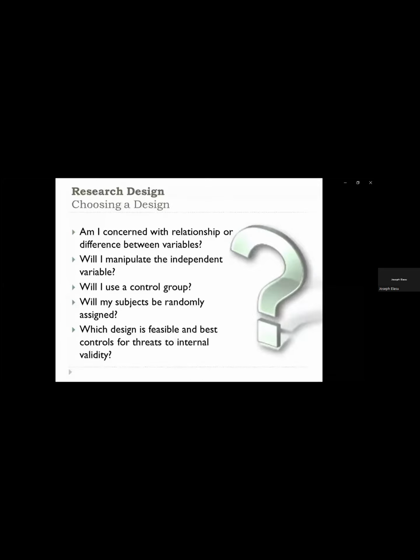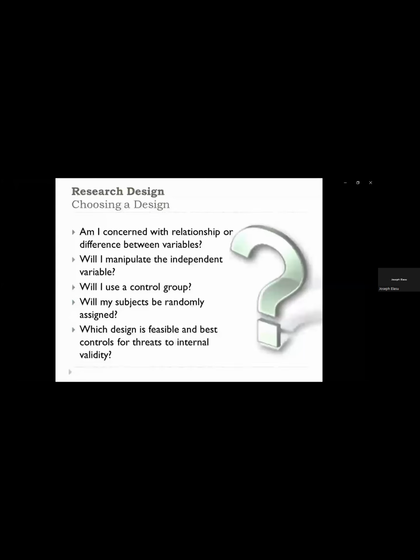The next question you need to ask yourself is, will I use a control group? If your answer to that is no, then you have a pre-experimental design and you need to rethink your design. If your answer is yes, that means you have some type of quasi or true experimental design. So the next question is, will you randomly assign your participants? So will you gather volunteer participants and randomly assign them?